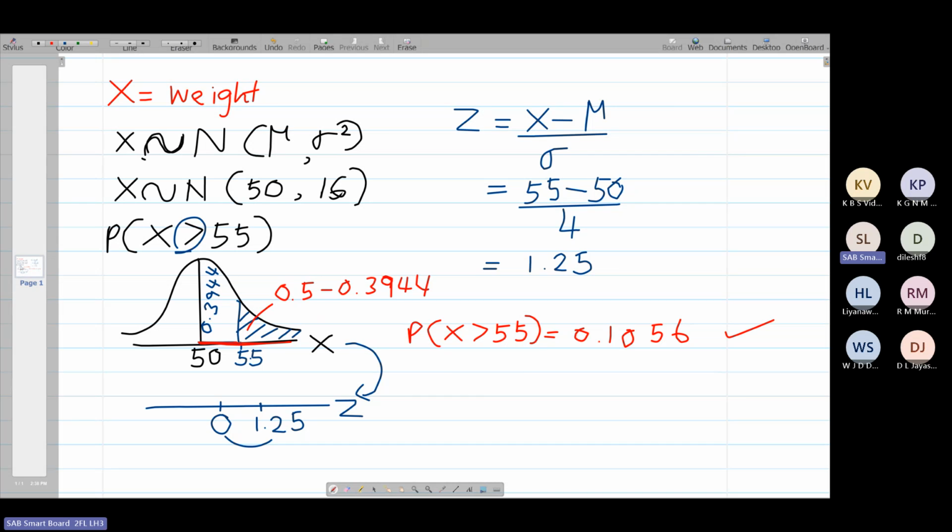This amount is multiplied by 100. What is the percentage value? 10.56. It means 10.56% of the people exceed 55 kilograms. That is the explanation. It's here.